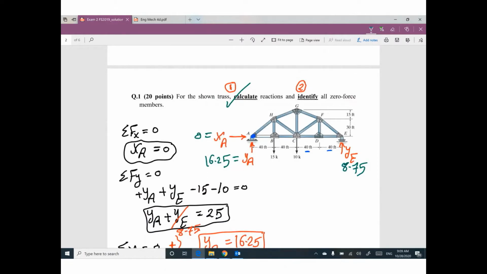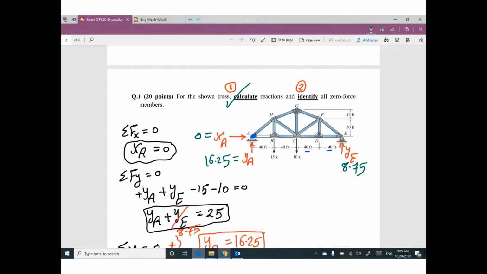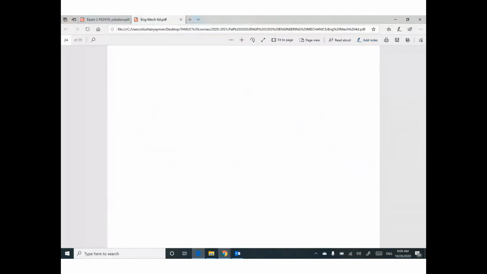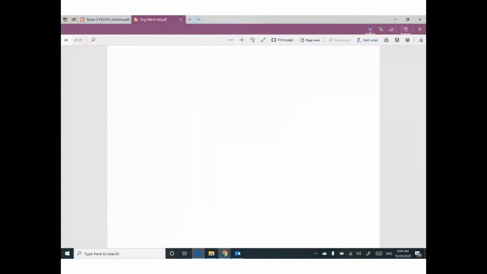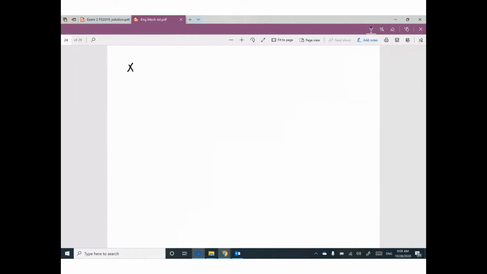Second part, identify all the zero force members. Do you remember we have 2 cases? Do you remember the cases of zero force member? Case 1, we have a joint with 3 members only.